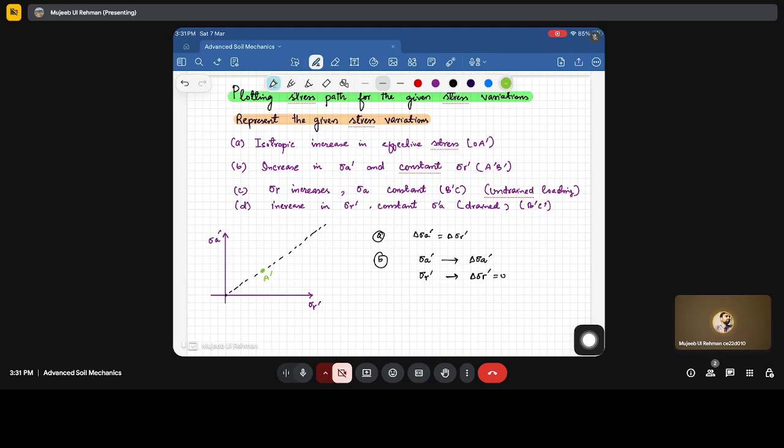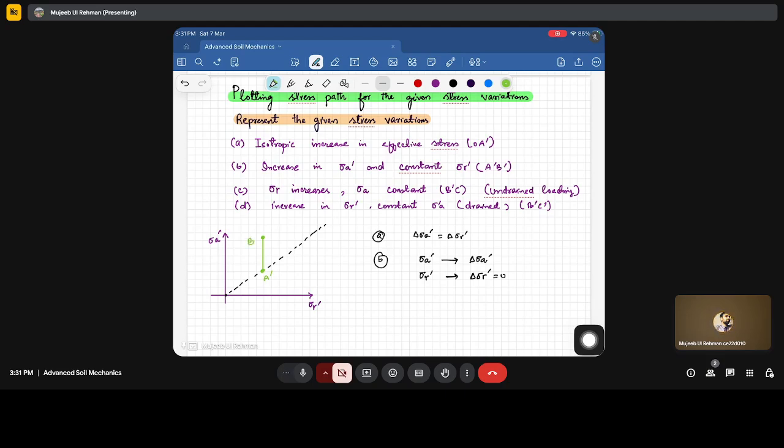So where will this point lie? Only sigma a is increasing, so it will go up like this. Let's call it B.